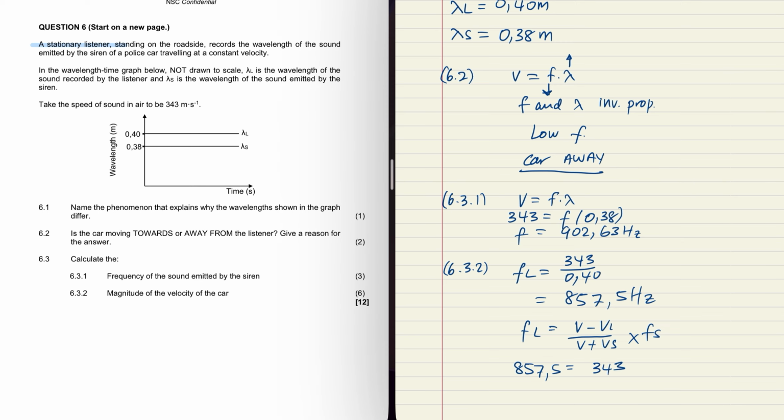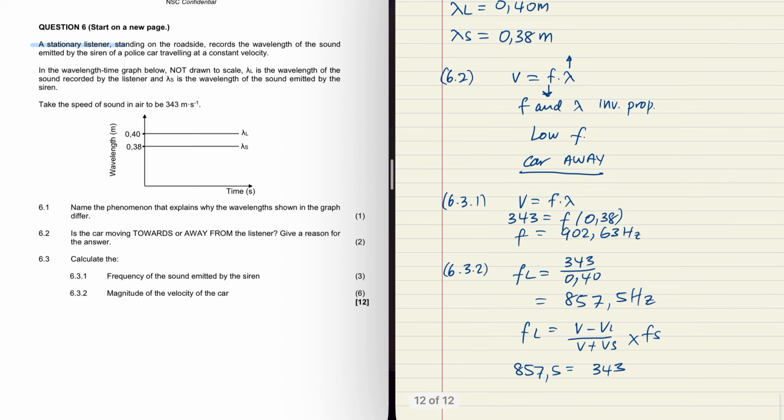The listener is stationary, so VL is 0, divided by 343 plus Vs multiplied by the source, which is 902.63, as we calculated in 6.3.1. Now we can rearrange, or we could use our calculator. Vs is therefore equal to 18.052 meters per second.